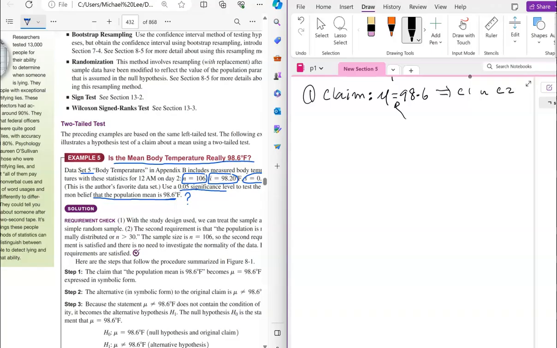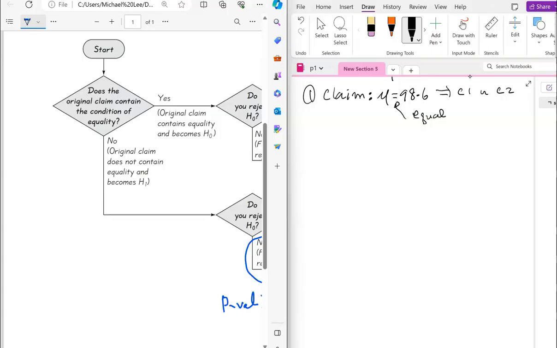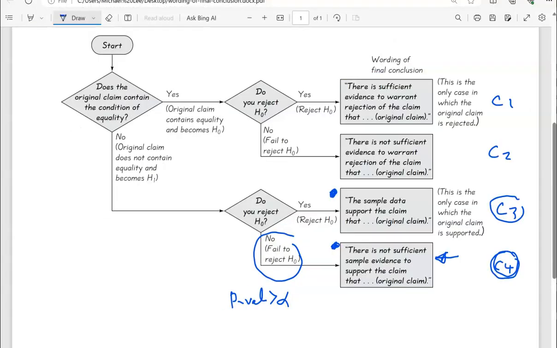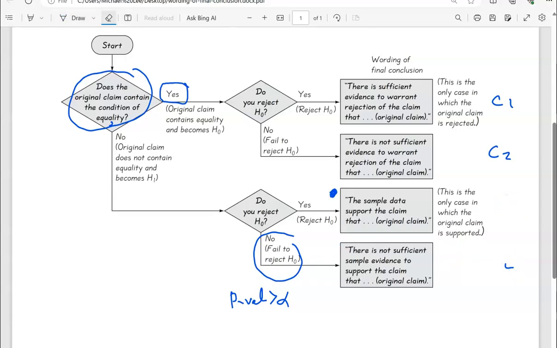Check this wording: does the original claim contain the equality? If you go yes, it has to be case 1 or 2, because you're going to end up in either this one or that one. The first one is case 1, the second one is case 2.